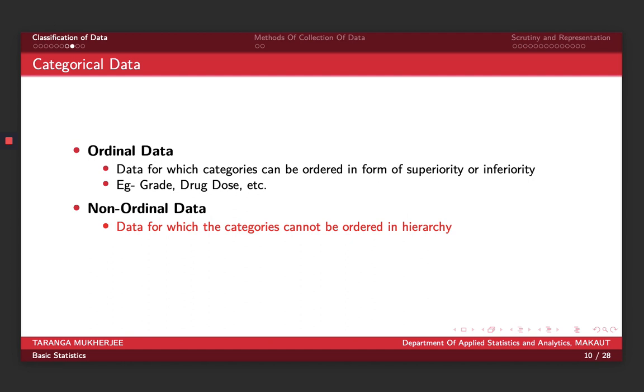Or he or she can report the pain is going away greatly. So one response is moderate and another response is great. So great is definitely a superior quality over moderate. So in this case also, the patient response is an ordinal data.